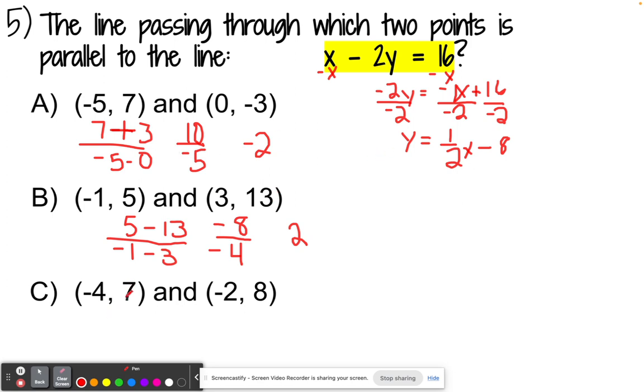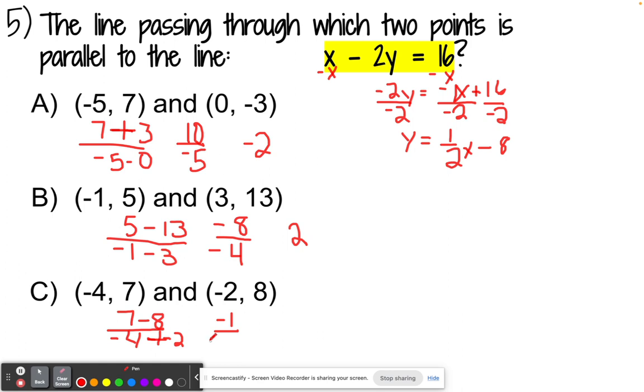Hopefully this one is. 7 minus 8 over negative 4 minus negative 2. I have minus and negative, so that's going to become plus. 7 minus 8 is negative 1.